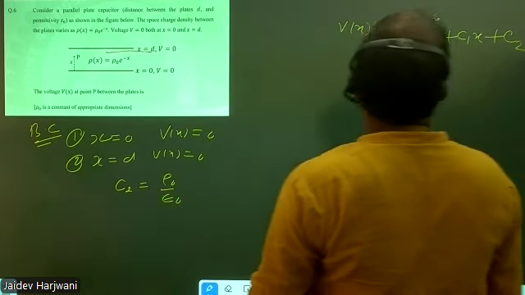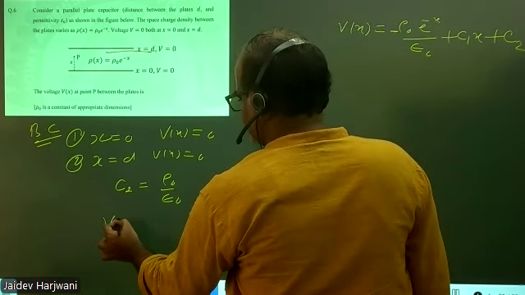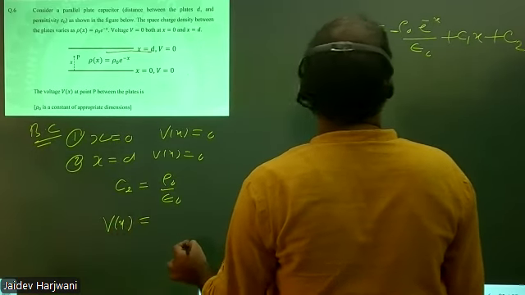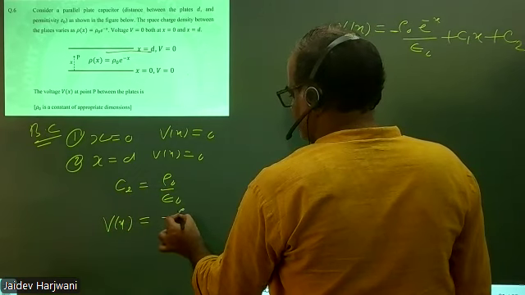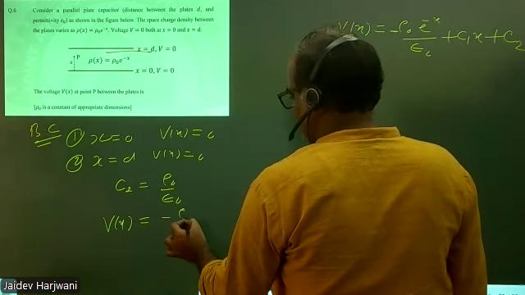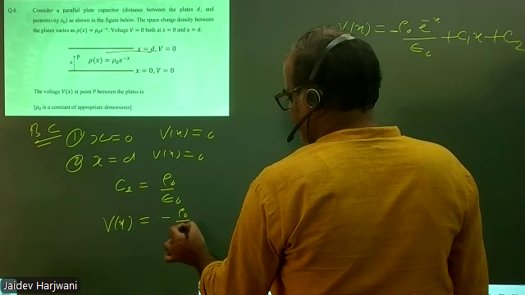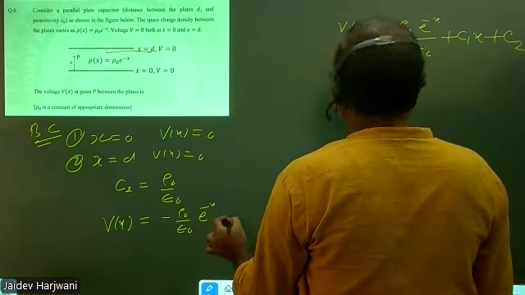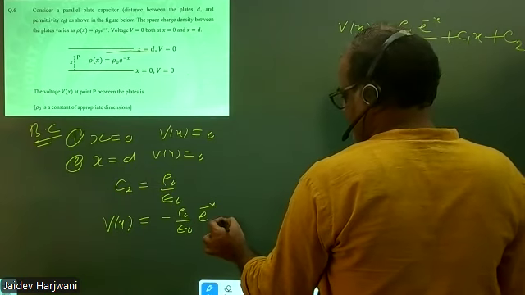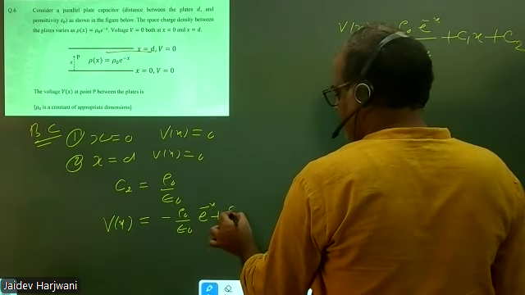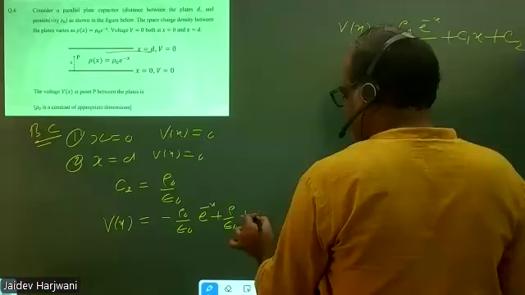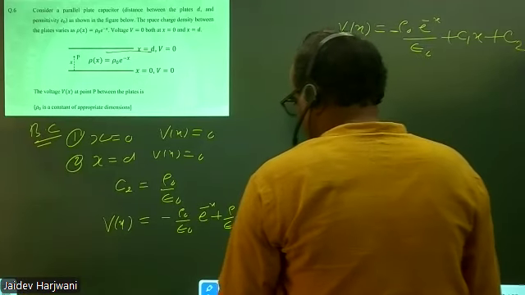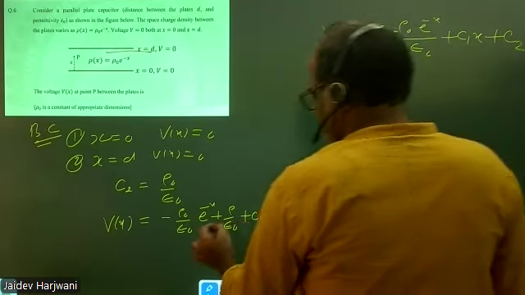Okay, so now my V(x) becomes minus rho naught upon epsilon naught e power minus x, and C2 is rho upon epsilon naught, and you have C1 x.